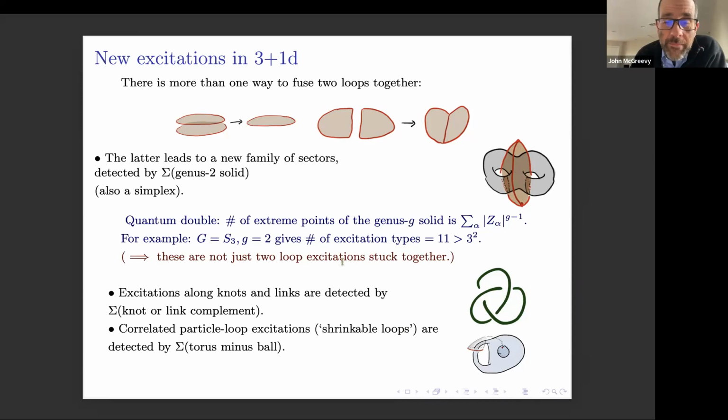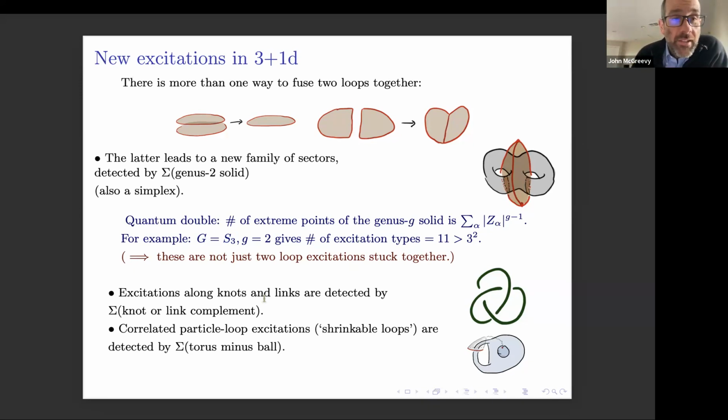Indeed. And in fact, we studied some examples where we could show that those information convex sets can be quite non-trivial. In particular, they can store quantum information. So in this example of the S3 quantum double, there's an example of a knot excitation that's non-abelian, in the same way that if you stick 2 non-abelian anions together, there's some bigger than one-dimensional Hilbert space.